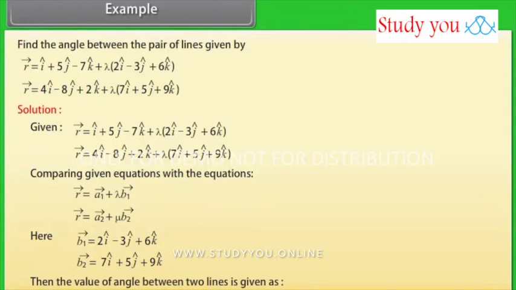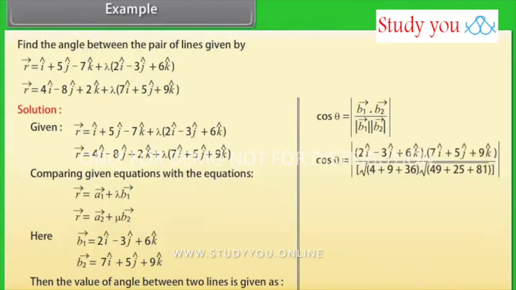Then the value of the angle between two lines is given as cos theta equals modulus of (vector b1 dot vector b2) by modulus of vector b1 into modulus of vector b2. Cos theta equals modulus of the dot product of (2i minus 3j plus 6k) and (7i plus 5j plus 9k) divided by square root of (4 plus 9 plus 36) into square root of (49 plus 25 plus 81).